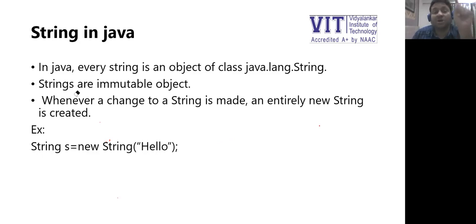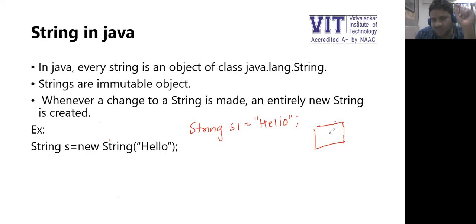Strings are immutable objects. This is a very important viva question. What do you mean by immutable object? Suppose I write something like this: String s1 = "hello". In memory, it assigns a memory location s1 and initializes it with hello.